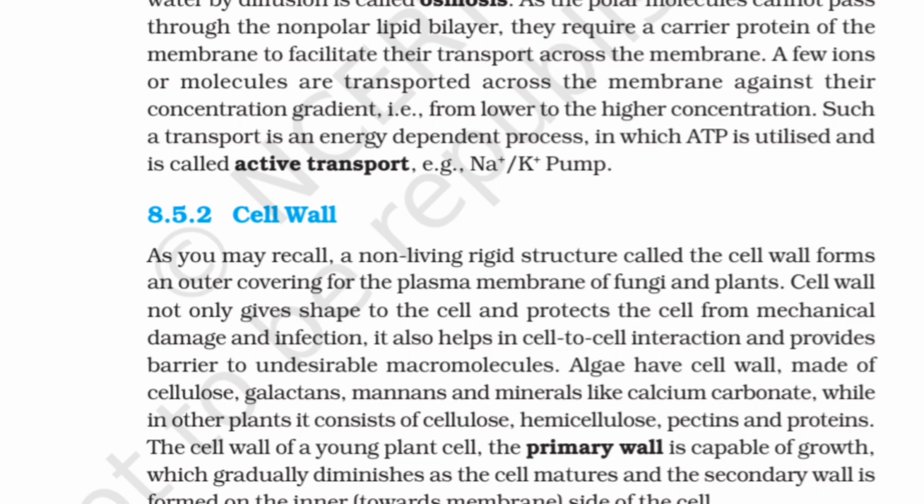Algae have cell walls made of cellulose, galactans, mannans, and minerals like calcium carbonate, while in other plants it consists of cellulose, hemicellulose, pectins, and proteins. The cell wall of a young plant cell, the primary wall, is capable of growth, which gradually diminishes as the cell matures, and the secondary wall is formed.